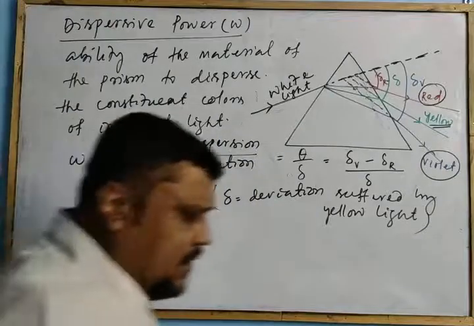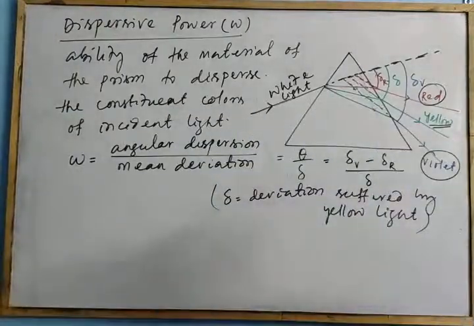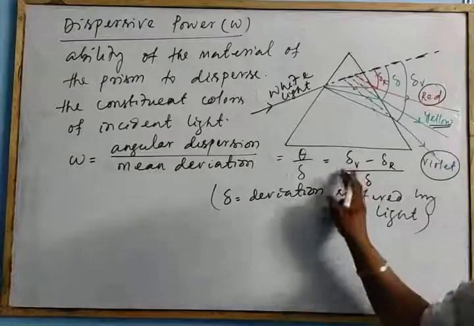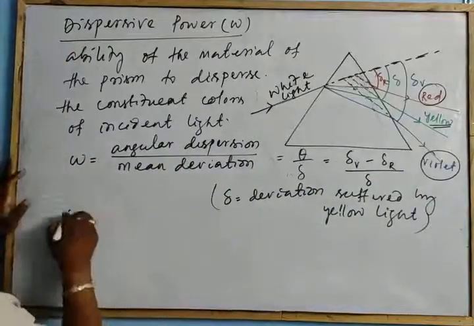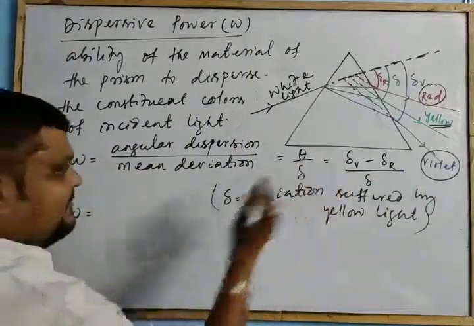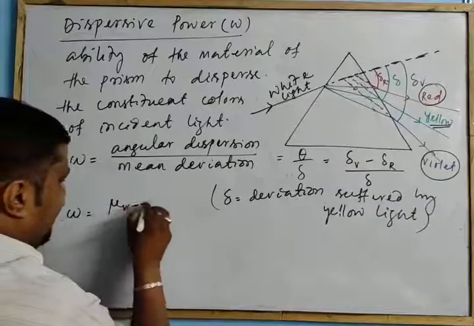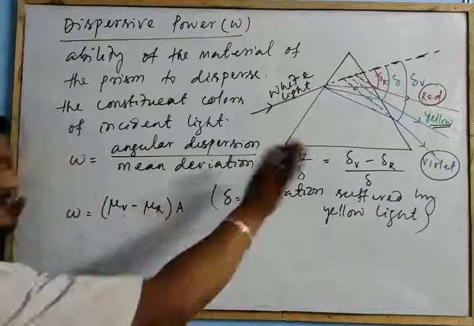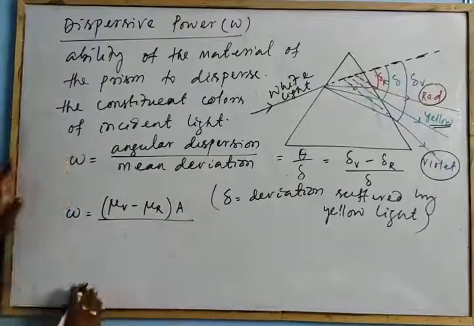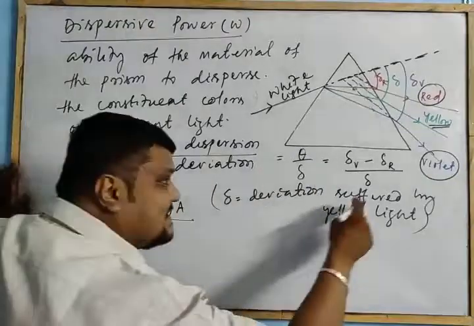Now as you know, delta V minus delta R, which you have already derived in terms of refractive index. So if I write the dispersive power omega, omega equals delta V minus delta R, which is mu V minus mu R into A in terms of refractive index, divided by delta, the mean deviation suffered by yellow light.